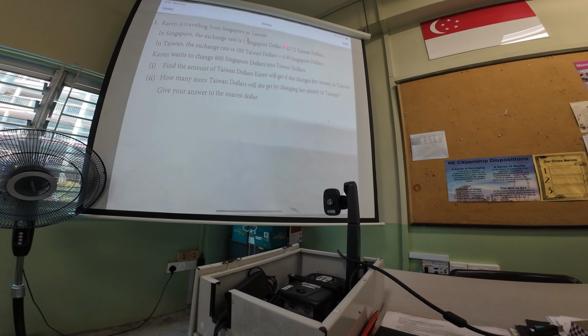Okay, got two exchange rates. Change in Singapore, this exchange rate. Change in Taiwan, this exchange rate. Karen wants to change 600 Sing to Taiwan dollar. So, which exchange rate is better? So they want you to find the amount of Taiwan dollar Karen will get if she changes in Taiwan. Then after that you must compare.